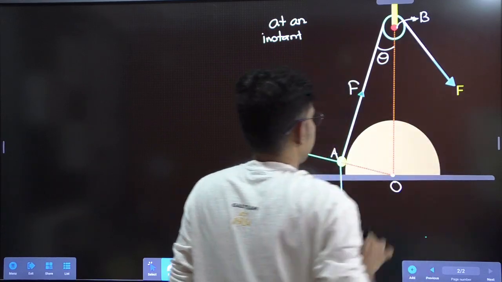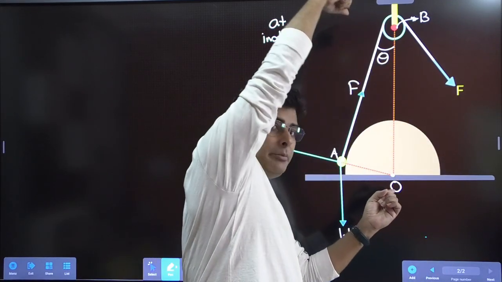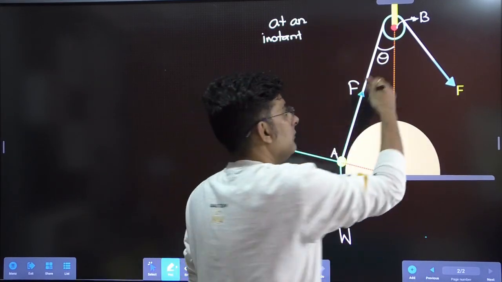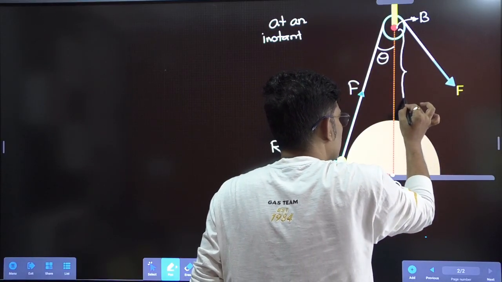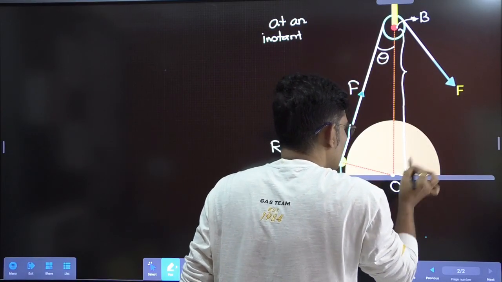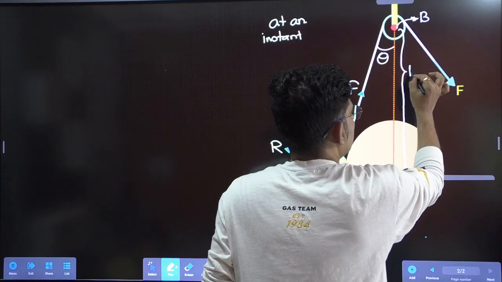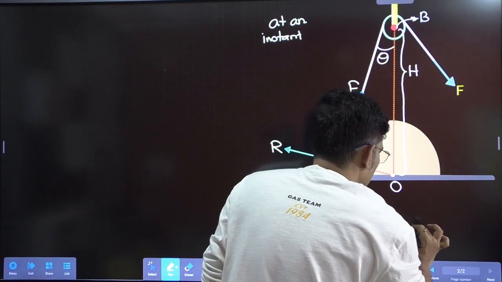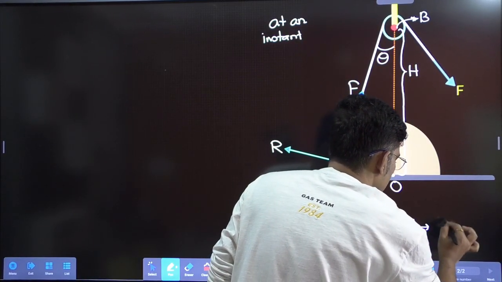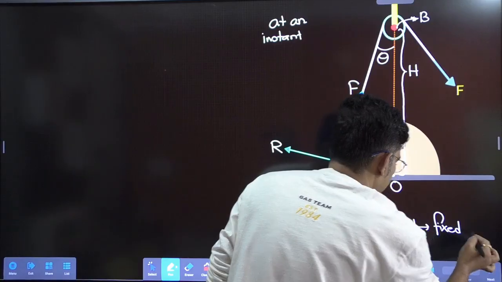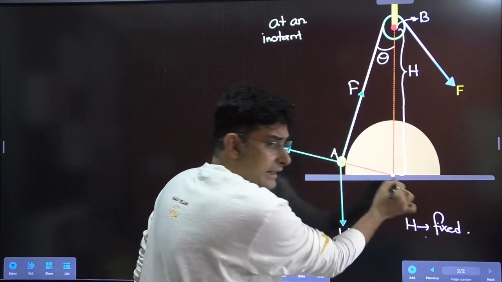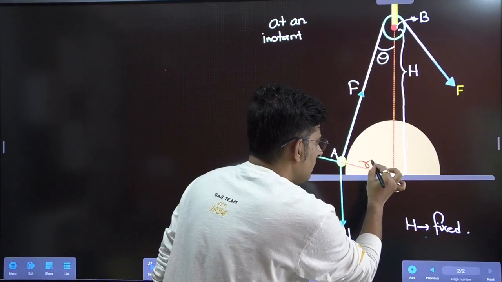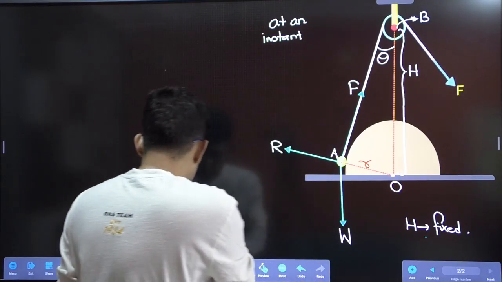as B, the separation between O and B will remain fixed with time. So I can take this height h. So we can say from here h is fixed. Now one more thing, this is the radius of the hemisphere R, so this R is also fixed.